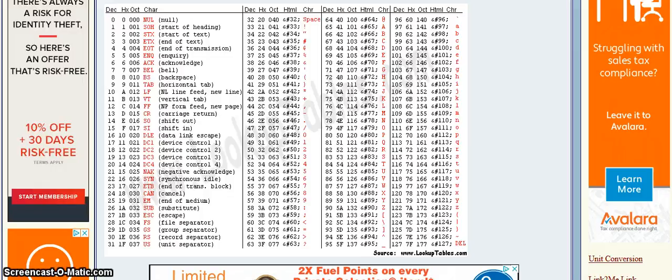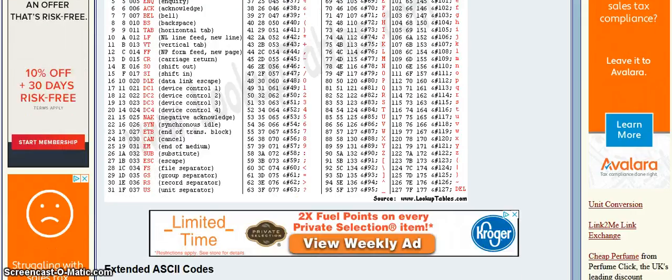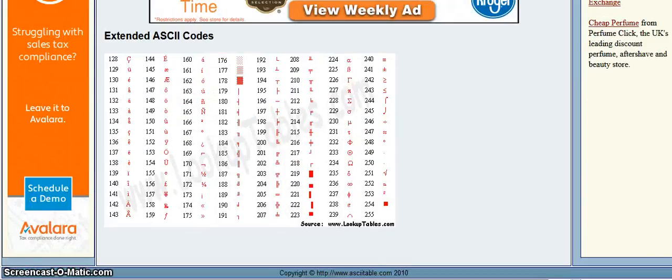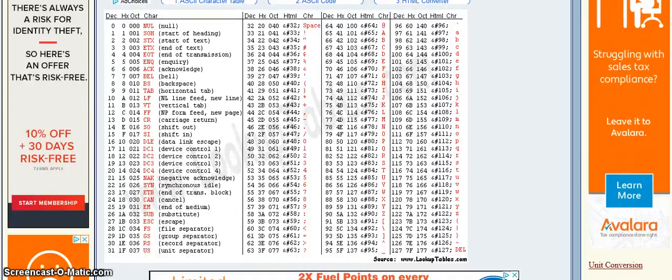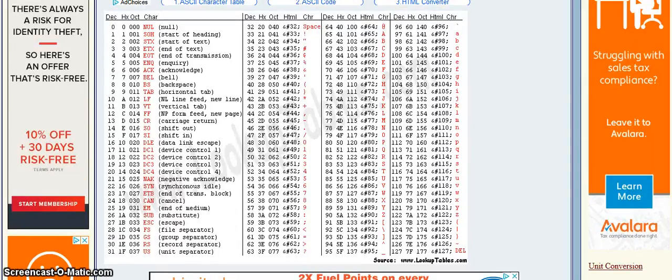And then the other thing is with the ASCII code, we have a total in the very basic ANSI standard ASCII table of 127 different letters, numbers, characters that we can represent.